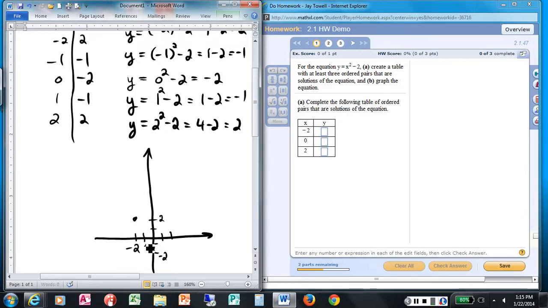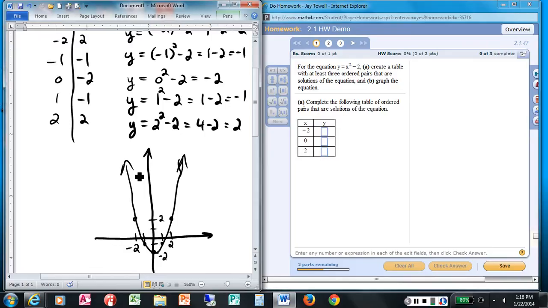So at -1 it's -1, and 0 we're at -2, and then +1 we're at -1, and then +2 we're at +2 again. Okay, and so we see there a little bit of the graph. We connect those in a smooth pattern here. I'm seeing the graph, something roughly speaking looks like that.